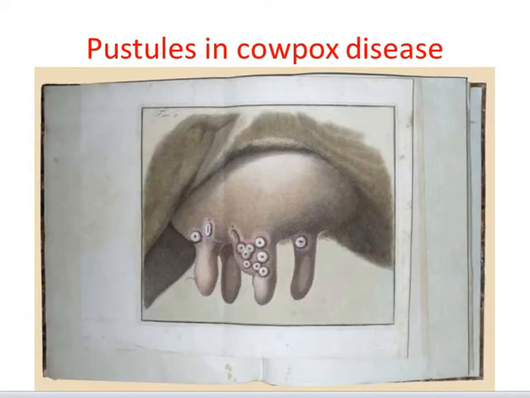In 1798, intrigued by the fact that milkmaids who had contracted the mild disease cowpox were subsequently immune to the much more severe smallpox, Jenner reasoned that introducing fluid from a cowpox pustule into people, that is inoculating them, might protect them from smallpox.